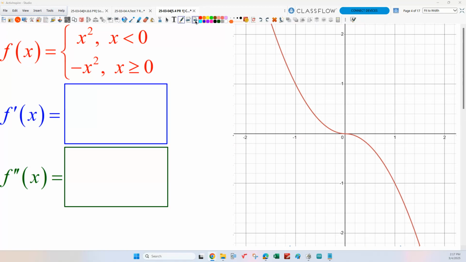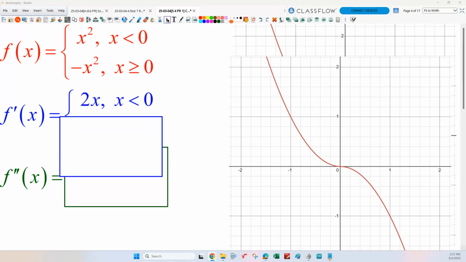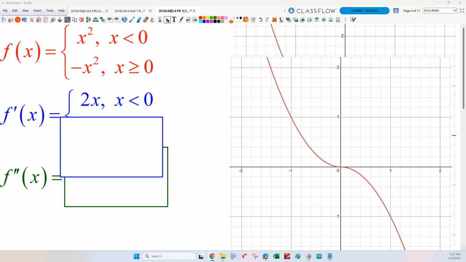Yeah, just differentiate each piece, right? What's the derivative of x squared? 2x. Okay, so on the domain where x is less than 0, we get 2x. When x is greater than or equal to 0, we get negative 2x, yeah, good. And okay, so now here's the thing though.